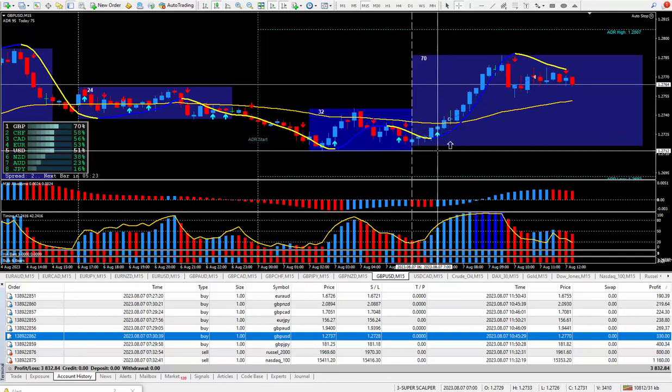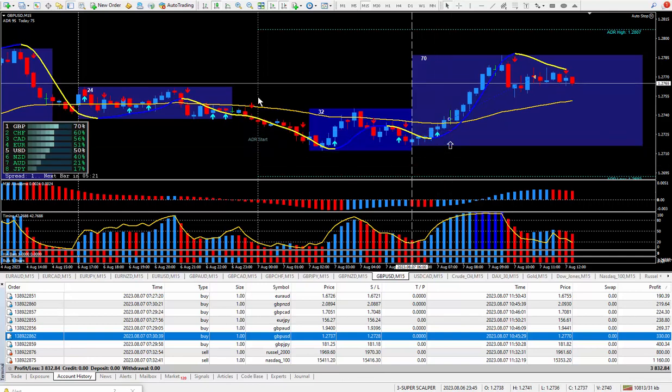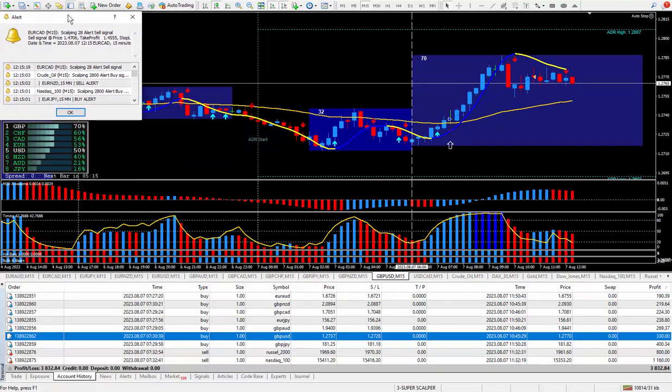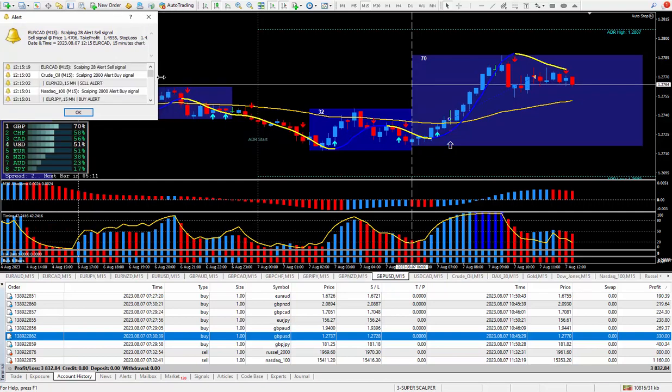But this is where you end up with a pop-up box as this one right here. Forgot to bring it up to show you. Right here. Pop-up box. What more could you ask for? The scalper tells you where to take profit, where to get in, where to stop loss, time frame, the currency pair.